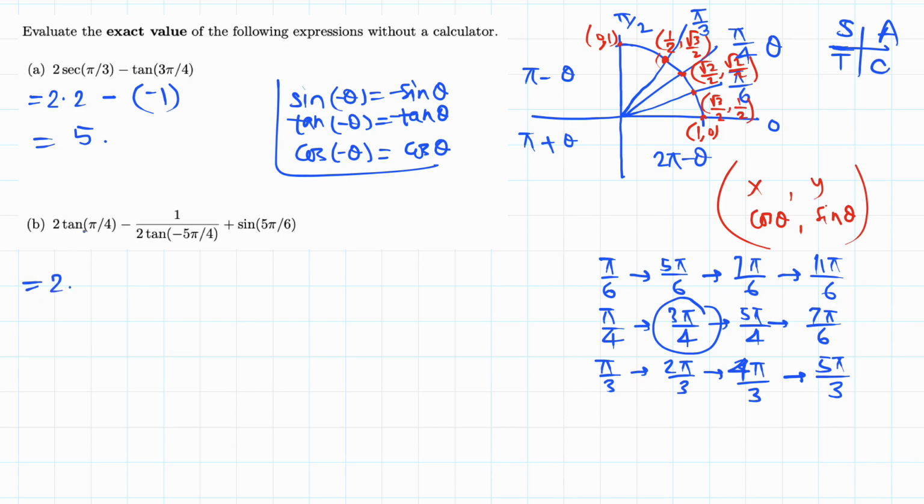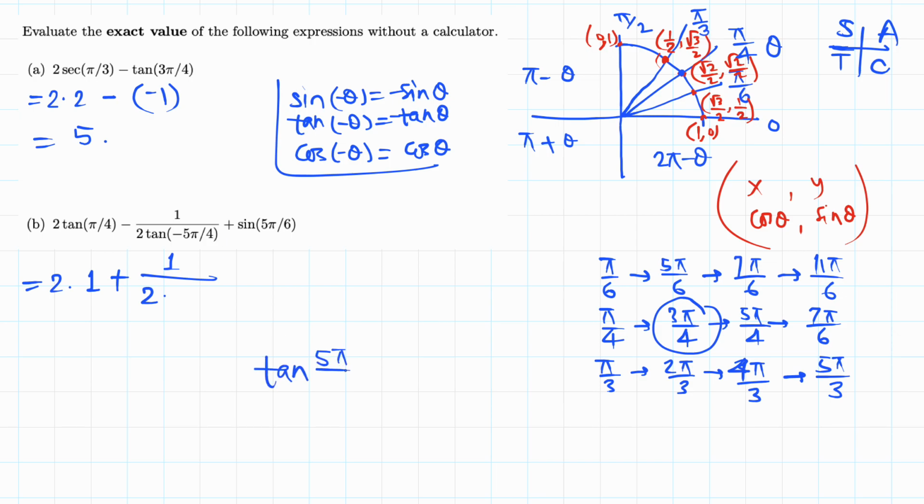So 2 times tangent pi over 4. We figured that out a little bit earlier. Tangent is y over x, the sine divided by the cosine. So tangent pi over 4 is 1. As we said, this negative will be positive now. 1 over 2 times tangent 5 pi over 4.